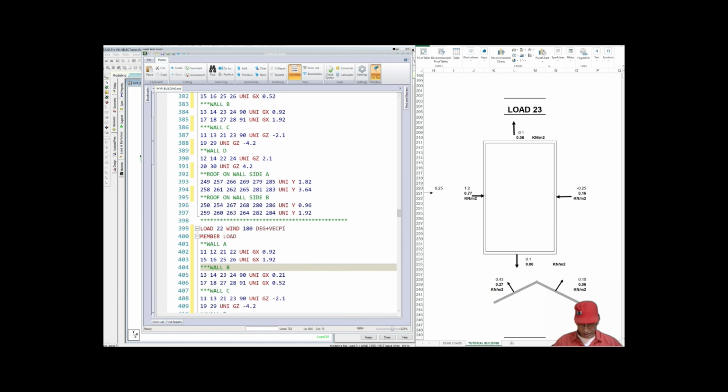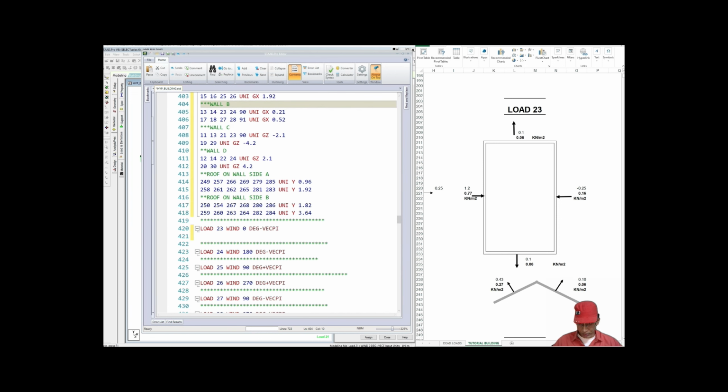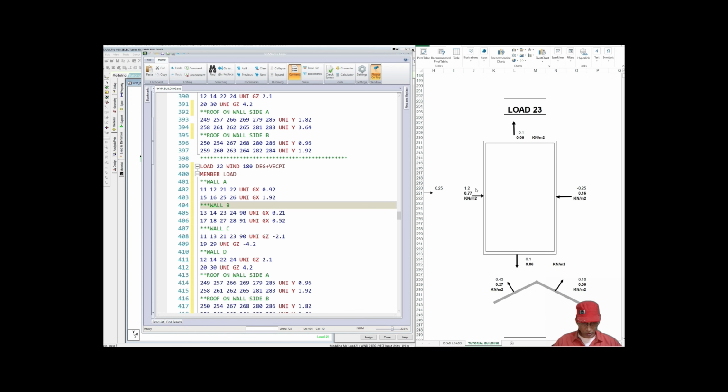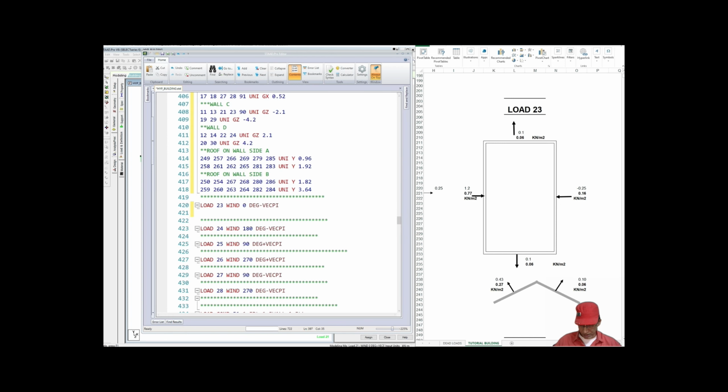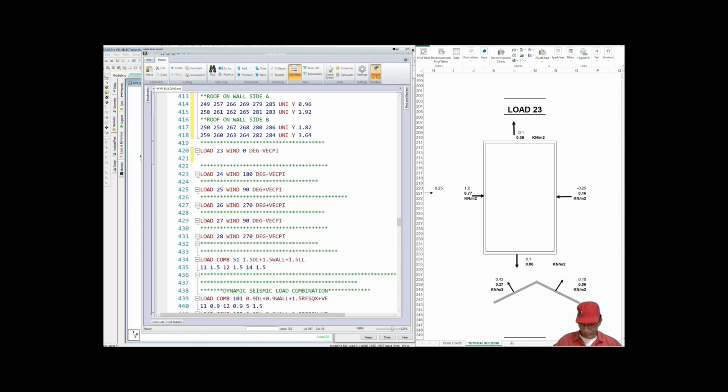Load case 23 is wind 0 degree with negative CPI. 0.77 kN per meter square is on wall A, and 0.16 kN per square meter is on wall B, but it is in negative direction. So let us go back to load number 21, copy this and paste it below load number 23.